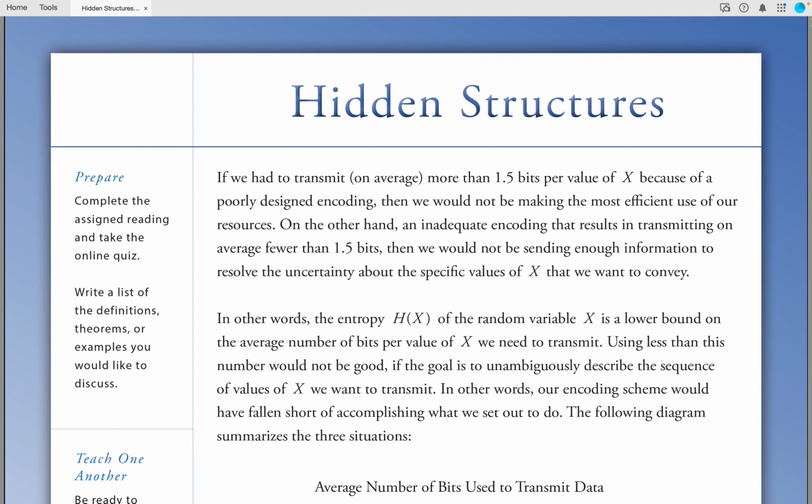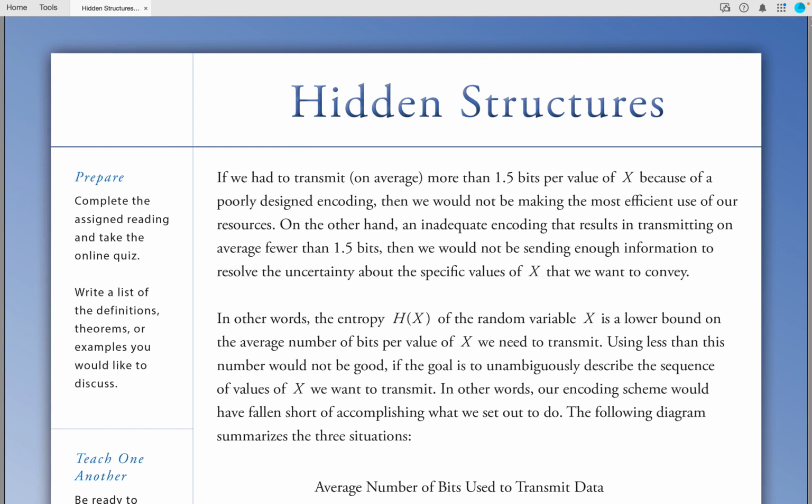On the other hand, with an inadequate encoding that results in transmitting, on average, fewer than 1.5 bits, we would not be sending enough information to resolve the uncertainty about the specific values of x that we want to convey. In other words, the entropy of the random variable x is a lower bound on the average number of bits per value of x we need to transmit.